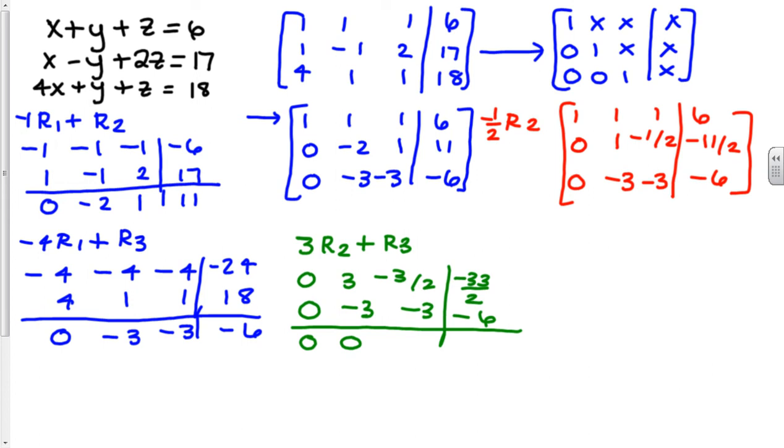-3 halves minus 3 will give me -9 halves. And -33 halves minus 6 will give me -45 halves.